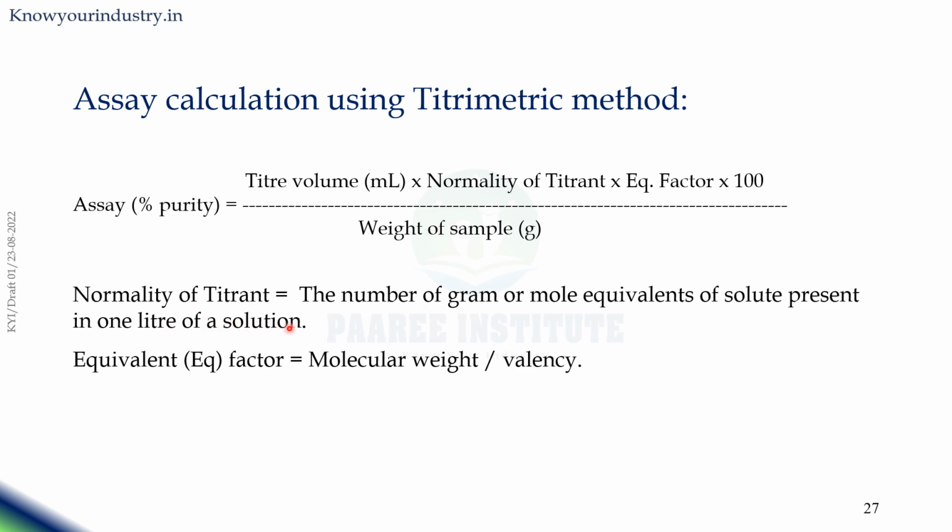The normality of the titrant is equal to the number of gram or mole equivalents of solute present in 1 liter of the solution. The equivalent factor generally is equal to molecular weight divided by the valency. So this is how the assay or purity of a specific drug in a formulation, or directly the active pharmaceutical ingredient, can be determined using the titrimetric method.